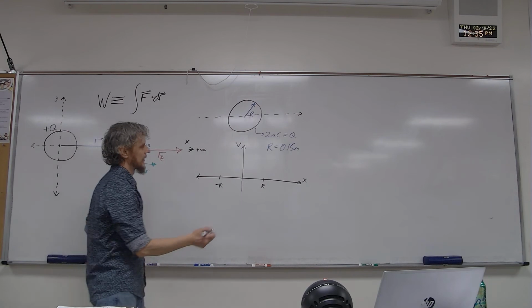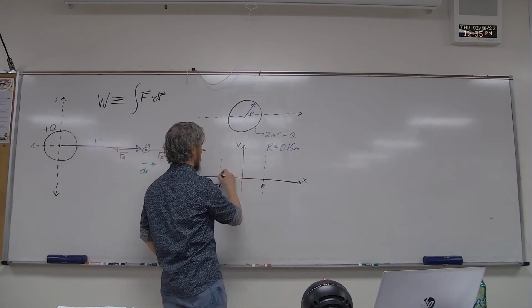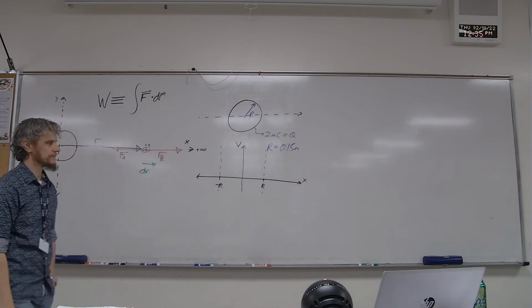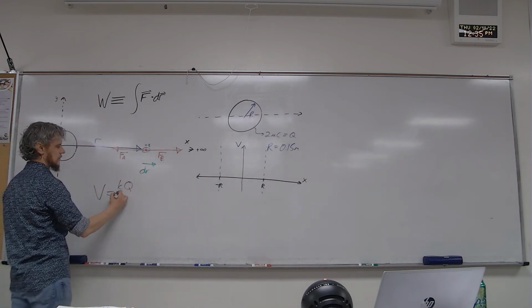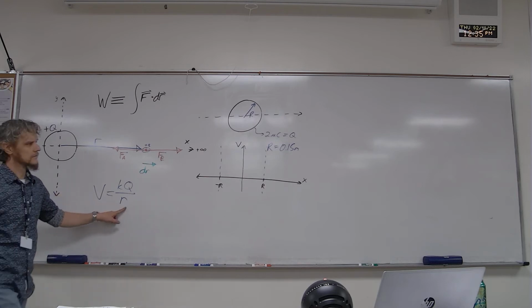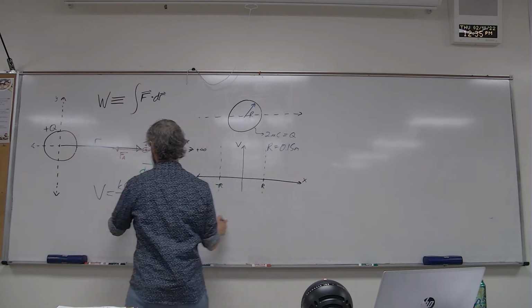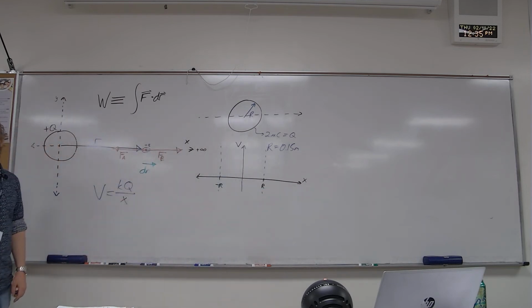Hopefully, we know what it'll be outside of R and negative R. What's it going to look like? Think of this as R. So here it would be kQ over x. This is the graph of y equals 1 over x.